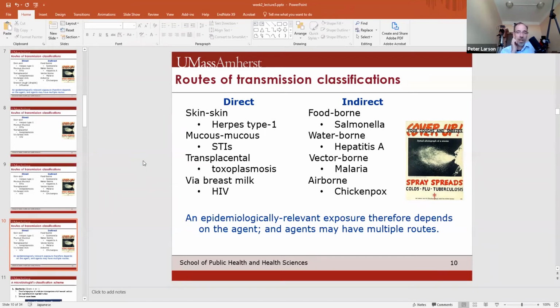For example, brucella and Q fever are both sexually transmitted, and they can also be transmitted by airborne. They're also transmitted through saliva in contact with bodily fluids, but they can also be transmitted through milk or even water. So some pathogens have very specific transmission routes. Others are very flexible.